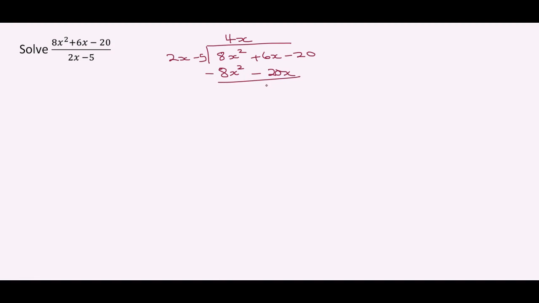Now we subtract. So 8x squared minus 8x squared, that's 0. 6x minus 20x is going to be 6x plus 20x, which is 26x.